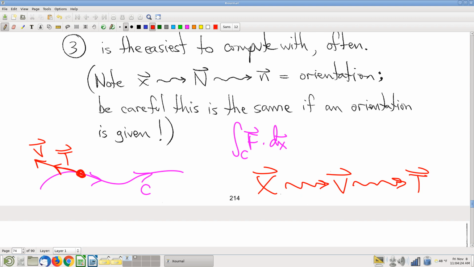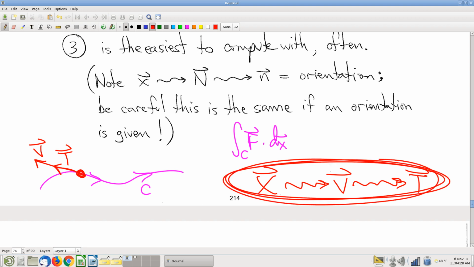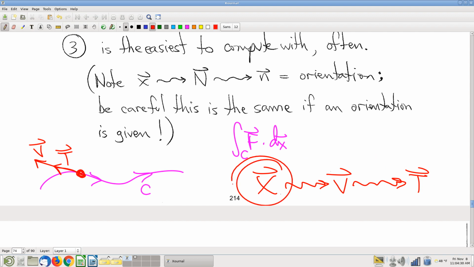So ultimately, it's in the algebra that your parameterization is going to give you an orientation. So when I say you have to parameterize the right way, you have to parameterize in such a way that the resulting unit tangent vector is right.